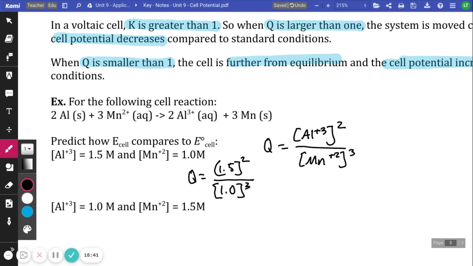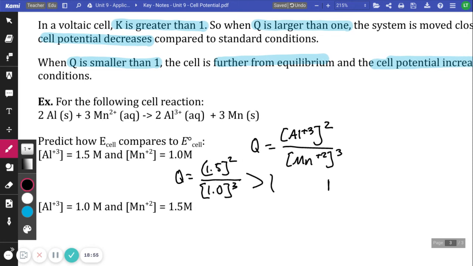Now, I don't even need to solve this one to know that my Q is going to be greater than 1. So my Q is going to be larger than 1, which means that my cell under these non-standard conditions is going to be less effective compared to my normal cell potential.